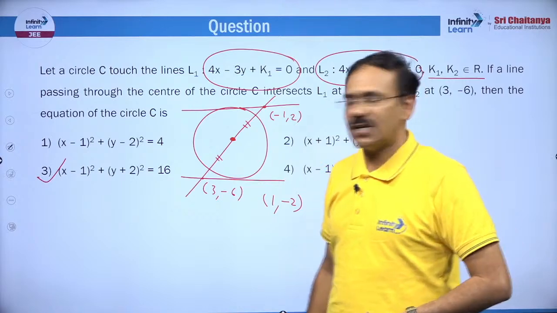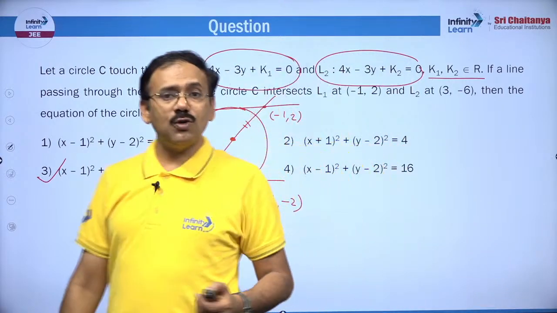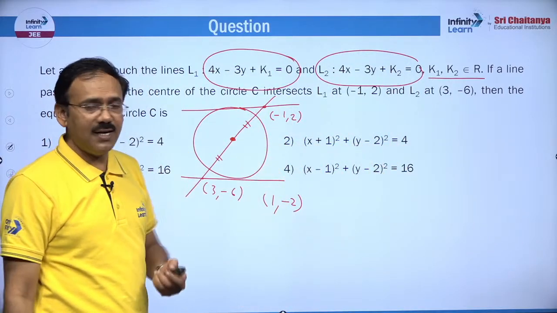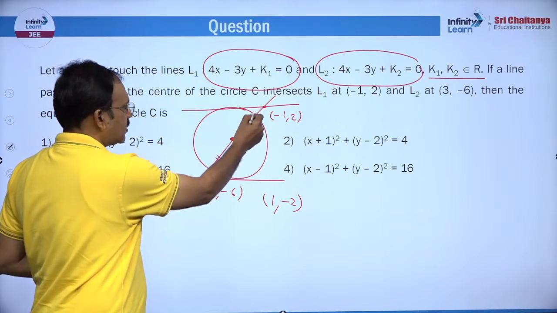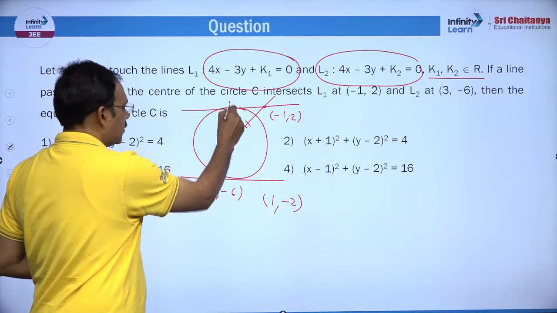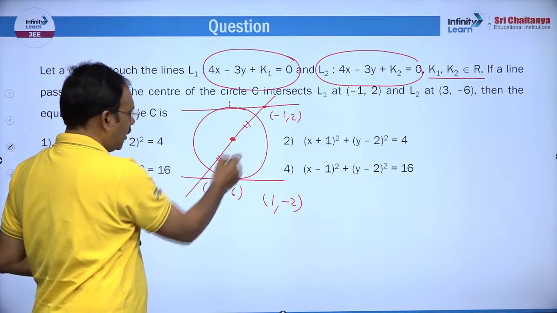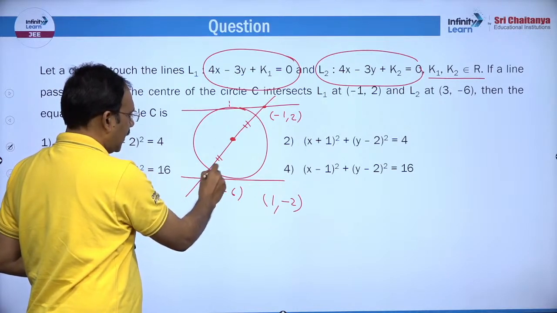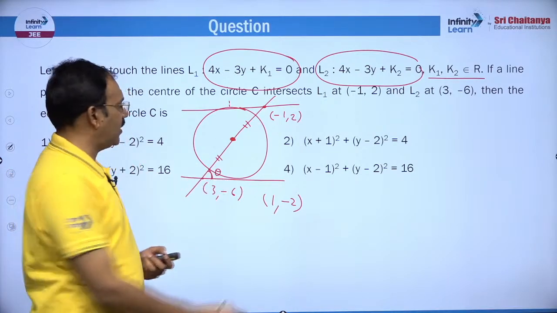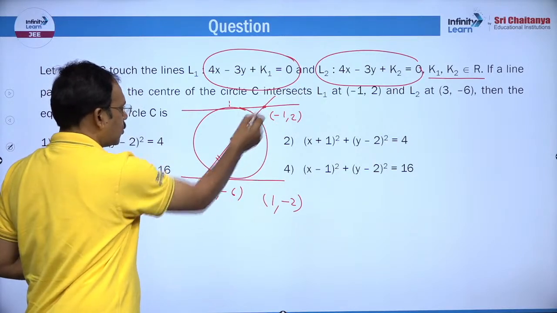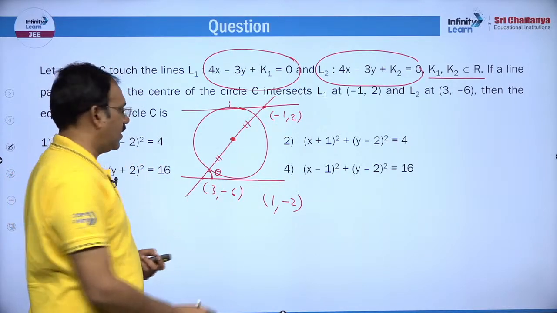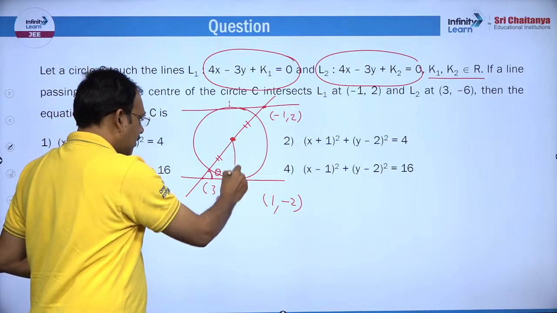So, the center of the circle is known. If at all you want to find the radius, let me give the idea. The slope of the line is 4/3, and since two points are known on it, you can find the angle theta between the two lines.